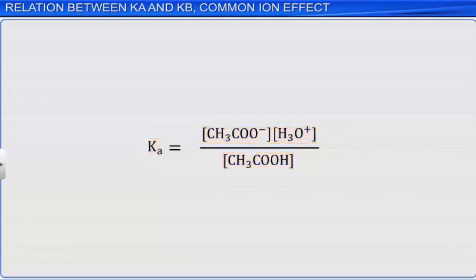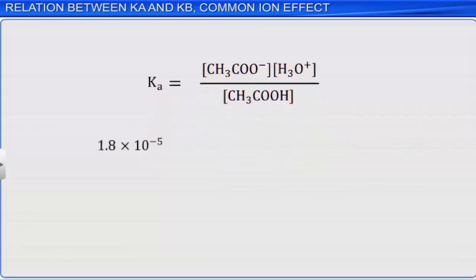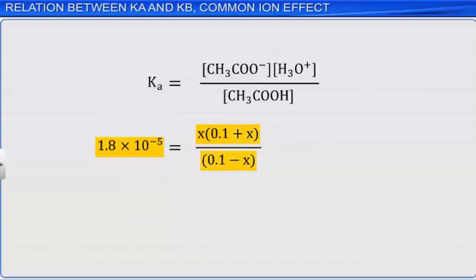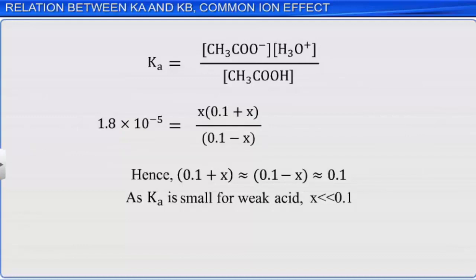Substituting the value of Ka and of the equilibrium concentrations of acetate, hydronium ions and acetic acid, we get 1.8 multiplied by 10 to the power of minus 5 is equal to X multiplied by 0.1 plus X divided by 0.1 minus X. As the acid dissociation constant Ka is small for a weak acid, the extent of ionization X can be assumed to be very much smaller than 0.1 mole.